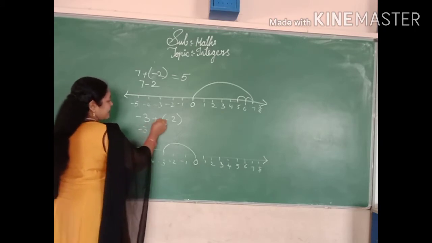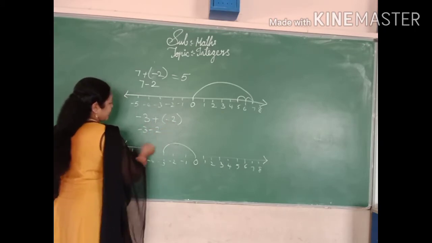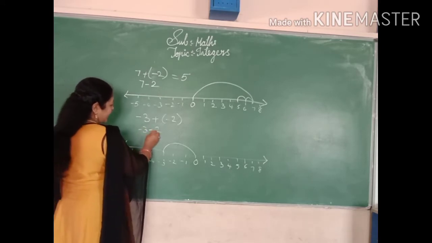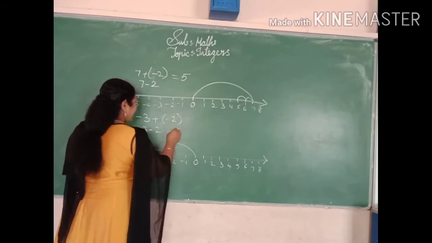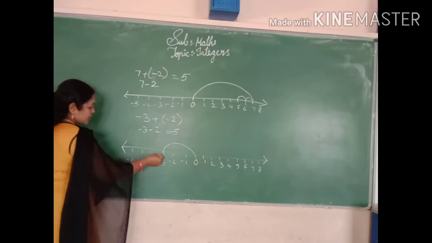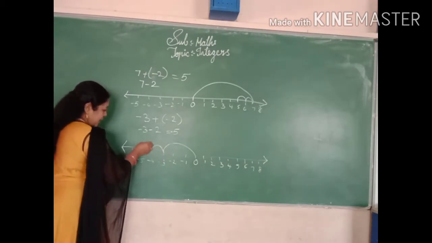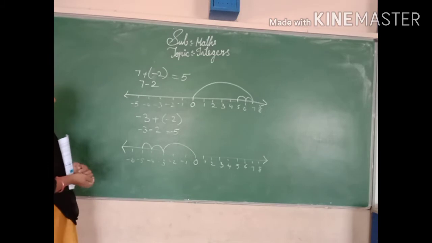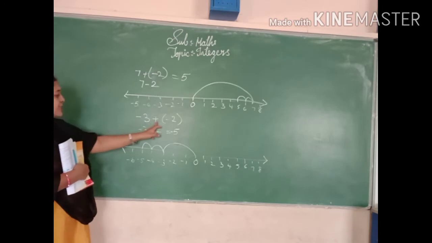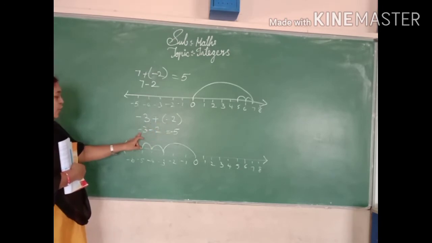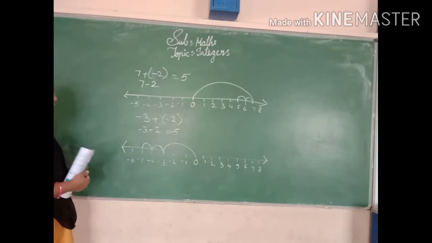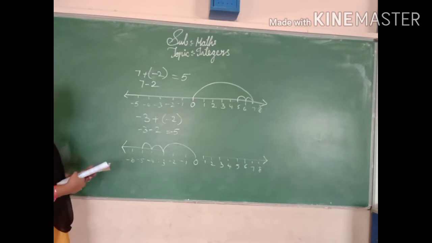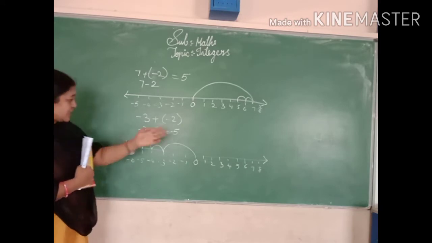So minus 3 plus into minus is minus 2. Here minus into minus, we have minus of minus is plus. So we get 5, minus 5. Now it will be 1, 2. So our answer is minus 5. Hope you are able to understand. Here minus 3 and minus 2, we get minus 5. By this, our addition on the number line is done.